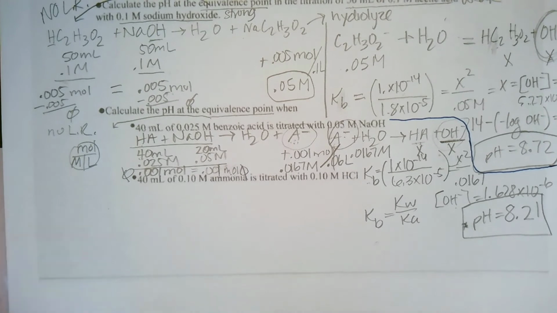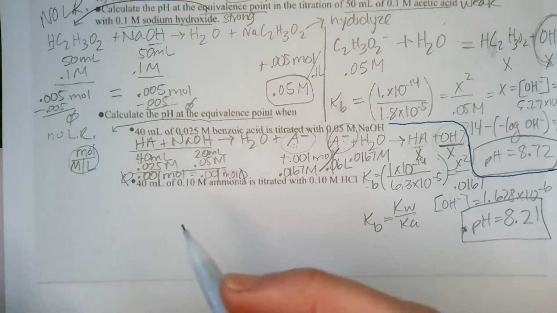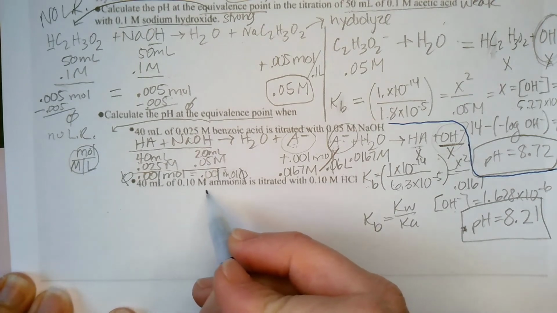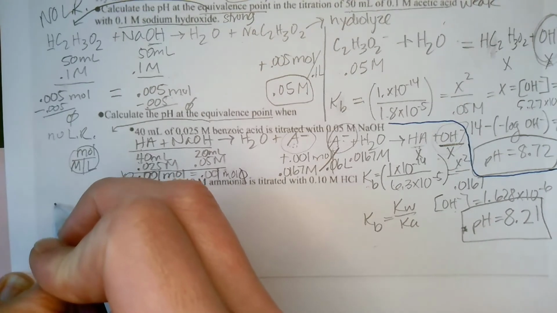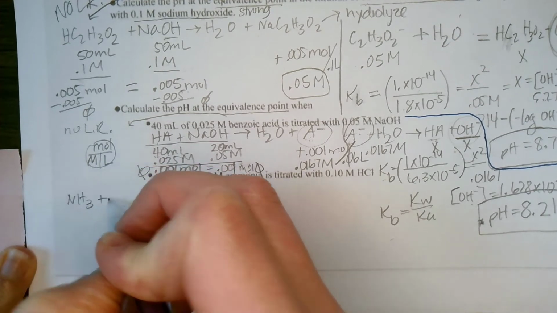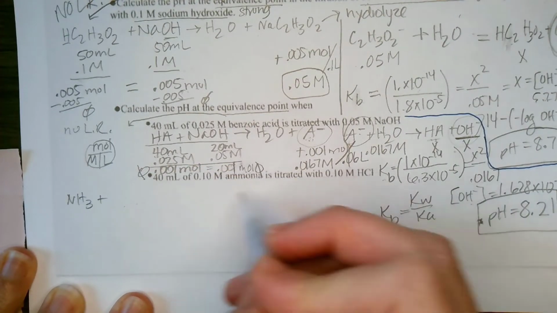All right, we've got one more to do. The last one, we're finding the equivalence point when we have 40 milliliters of 0.1 molar ammonia. So we have NH3 reacting with HCl.